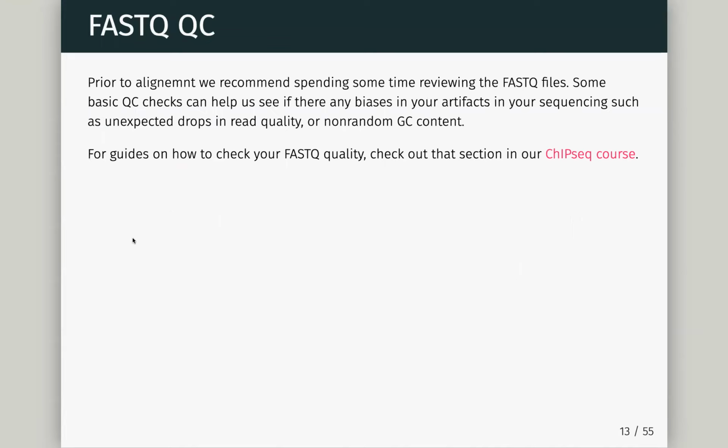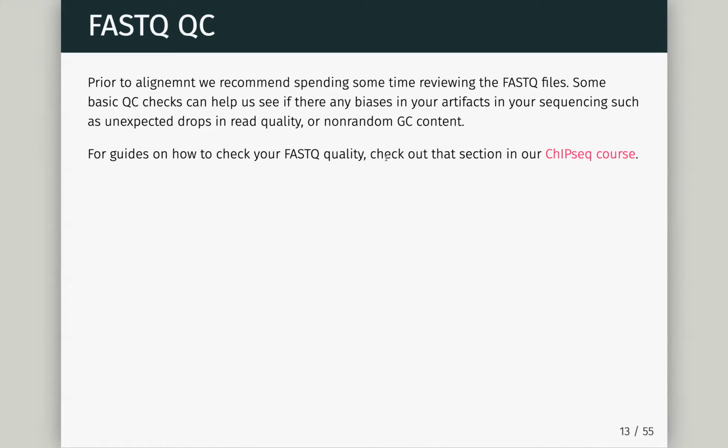Prior to alignment, we always recommend checking your FASTQ quality. Some basic QC checks may identify bias in your data, such as GC bias. We'd already seen this in our Bioconductor intros, we saw it in our RNA-seq, and we're going to do it again in our ChIP-seq.